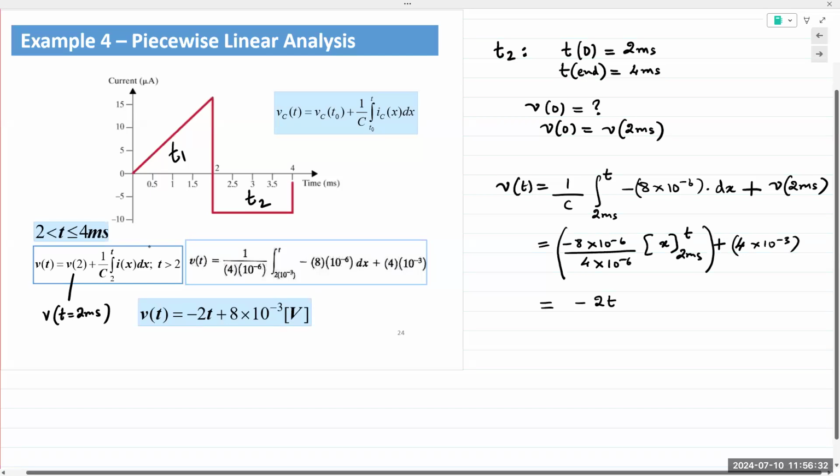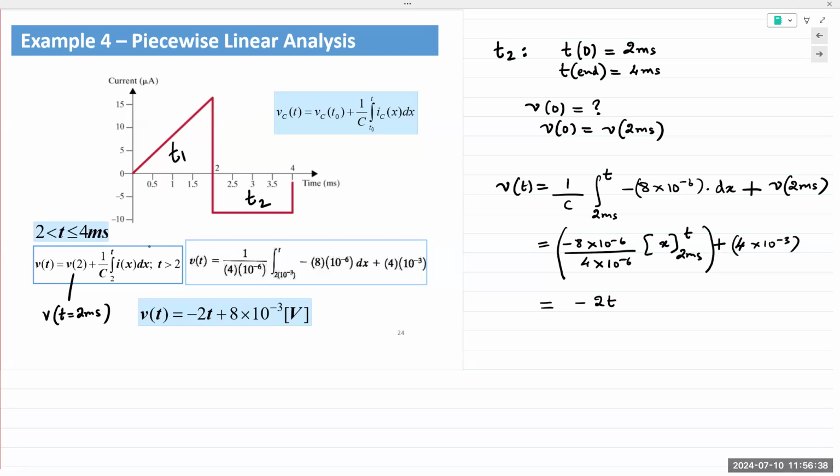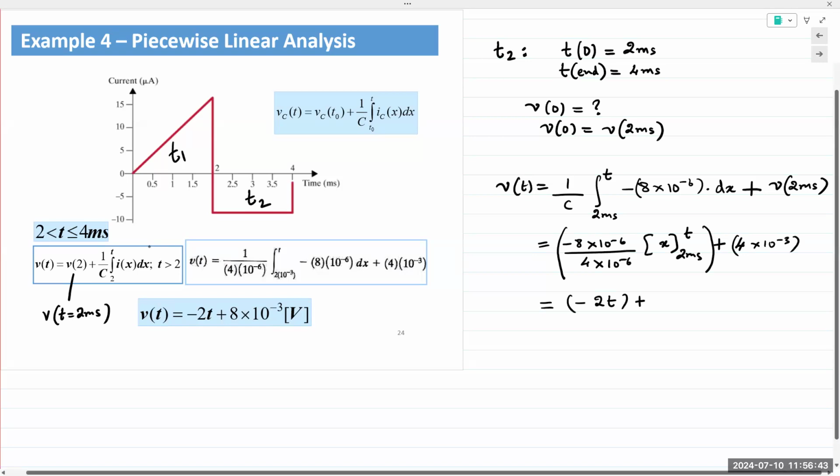Minus 2t, plus 8 into 10 raised to minus 3 volts.